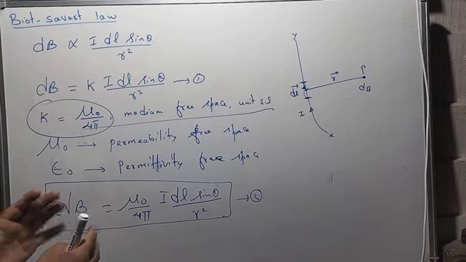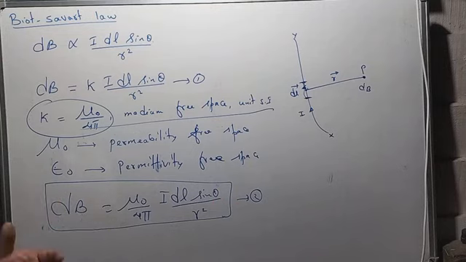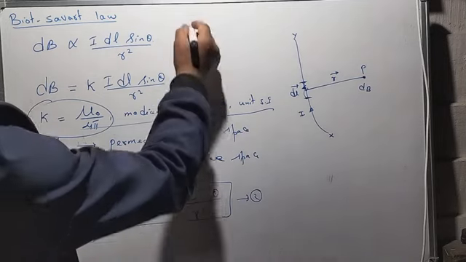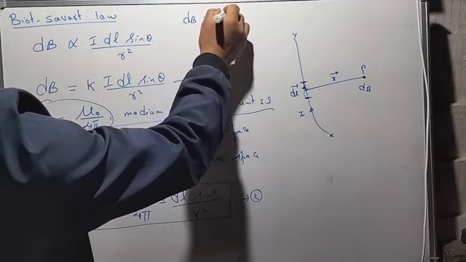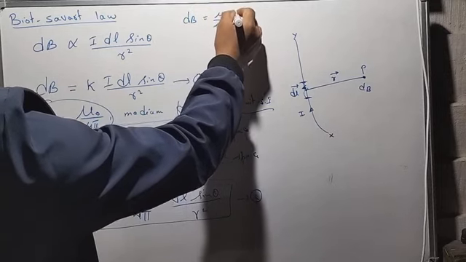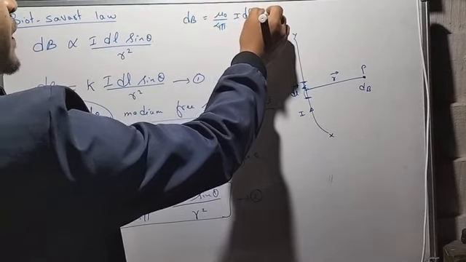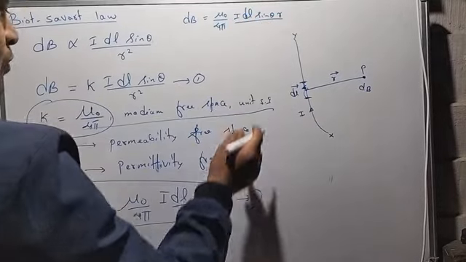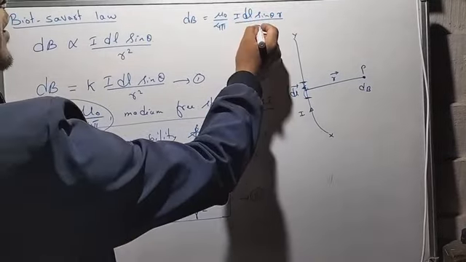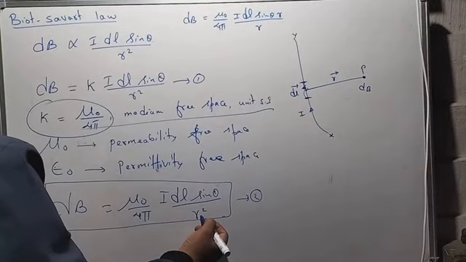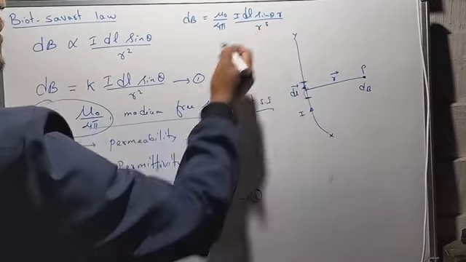Now this magnetic field, once again, is a vector quantity, which means it has a direction. So I will rewrite equation 2 in vector form. dB equals mu naught upon 4 pi I dl sine theta. I will multiply and divide by r, so this r square becomes r cube.